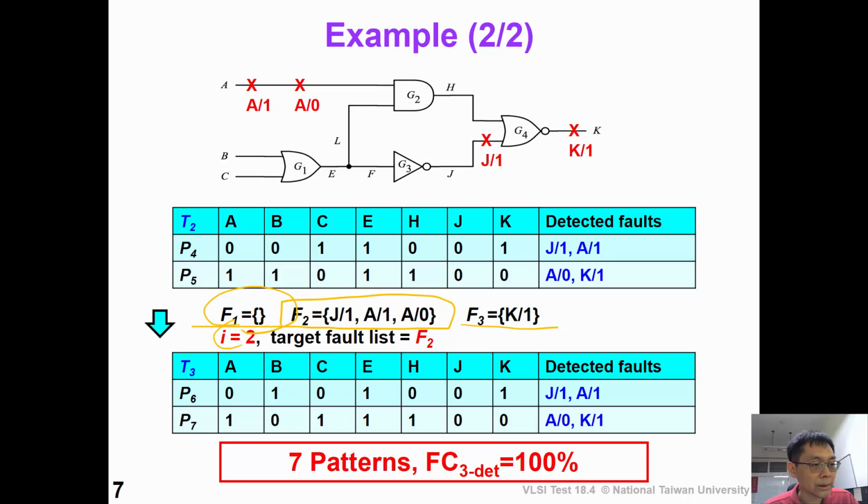So in the next iteration, our target fault list is F2, so we generate 2 more test patterns. By now we have 7 test patterns in this 3-detect test set, and the fault coverage of this 3-detect test set is 100%, because all these 4 faults have been detected at least 3 times.